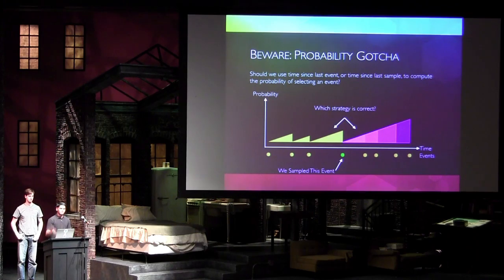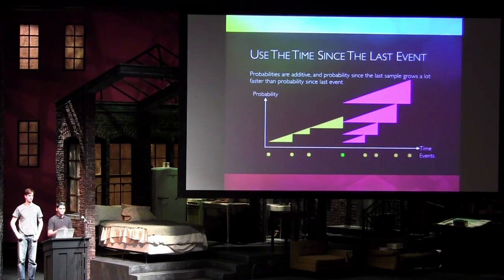There's the last time you sampled an event coming from the stream, and then there's the last time you saw an event coming from the stream. It turns out if you use the last time you actually selected a sample from the stream, you'll end up oversampling, and it has a really bad effect because you end up with way higher sampling rates than you would expect.